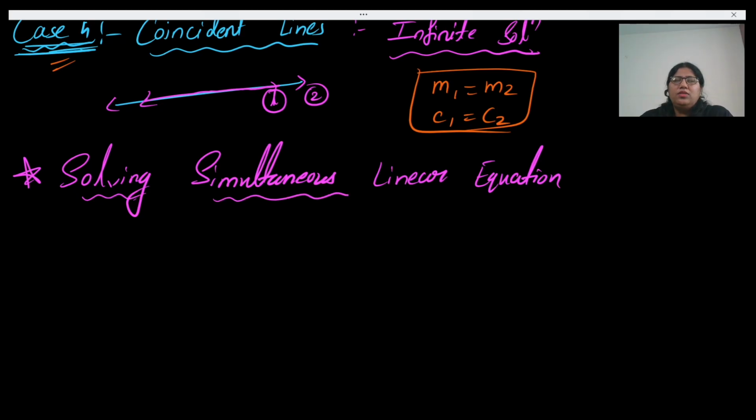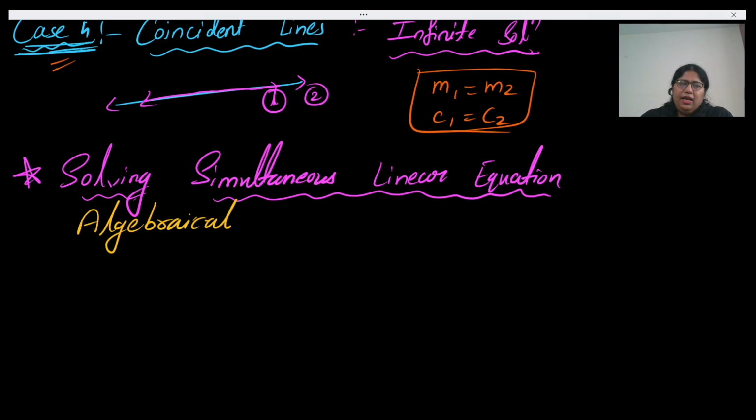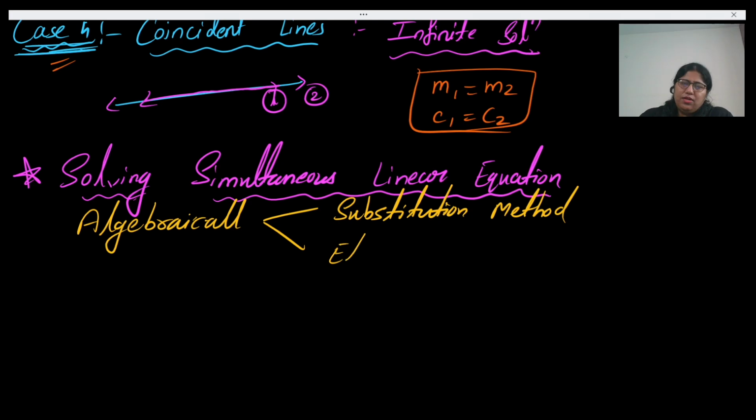Because you can have simultaneous non-linear equations also. I'll take both together, okay? Algebraically we use two methods. The first one is the substitution method, and the second one is the elimination method. These are the two methods where you don't use a graph to solve it.